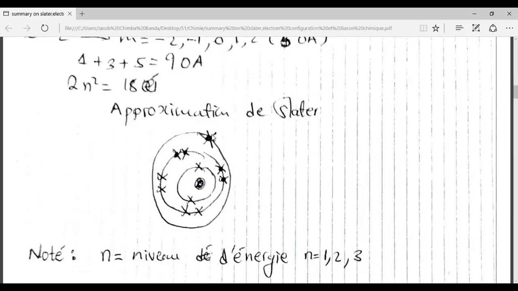That's why they say approximation de Slater. You calculate the electrons which are effective at shielding the other electron outside, which you don't include, and you only include the electrons inside, in the first shell and the second shell.